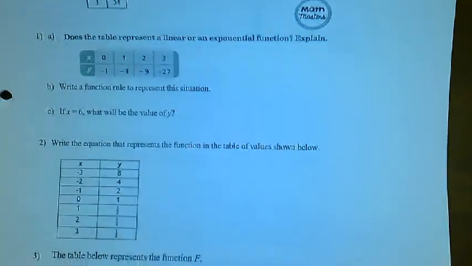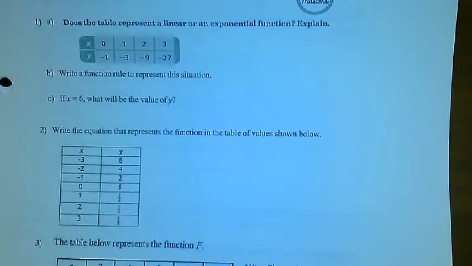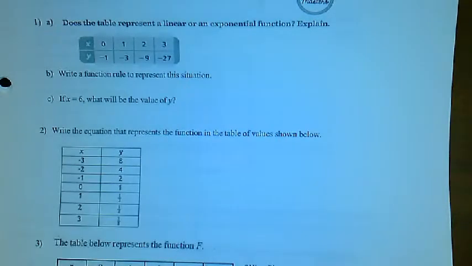Now for example number 1, the table is going the opposite way, so you have to make sure that you look where the x and the y is. Again, our x is just going up by 1 each time. And then our y, be careful when we're doing the negatives.